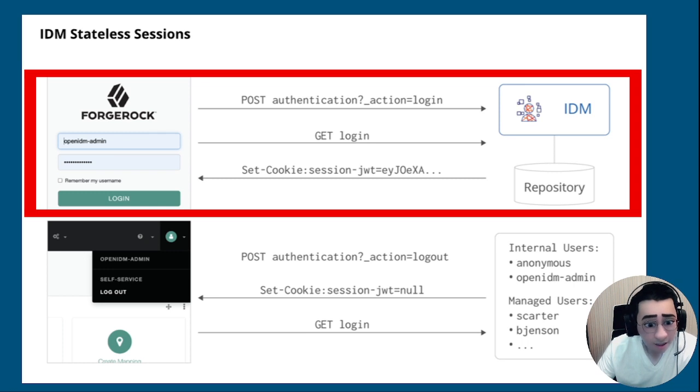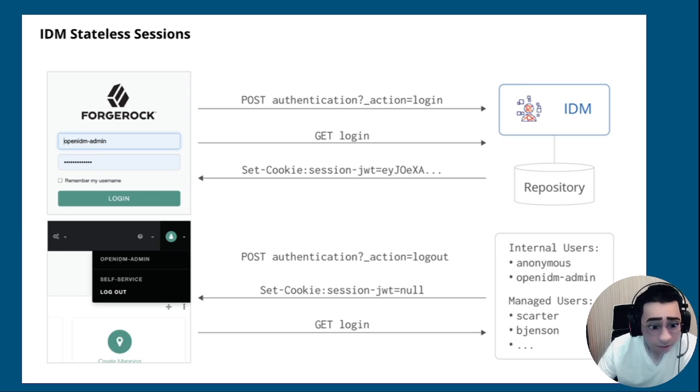Then a get login request is sent along with the user credentials to authenticate. A successful authentication results in setting a cookie on the browser for the session. The cookie is used for as long as the cookie is valid, based on the settings in IDM for the session.